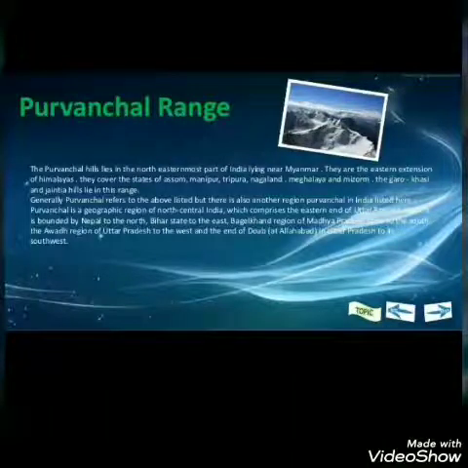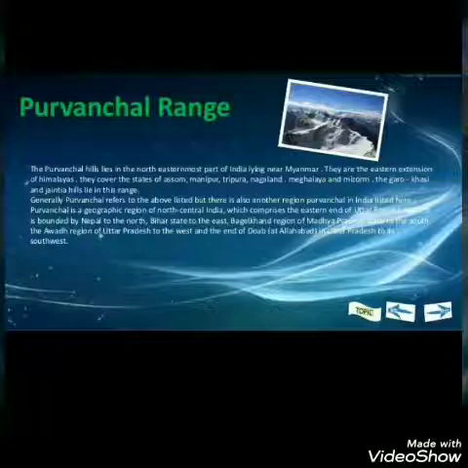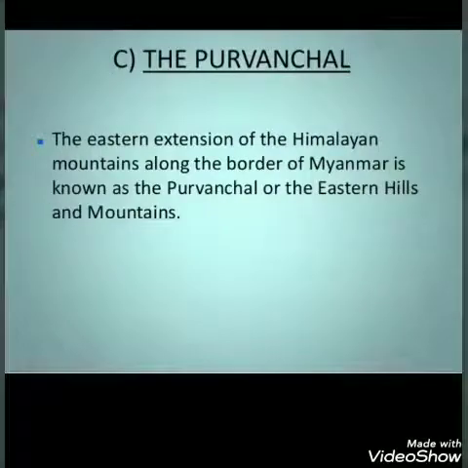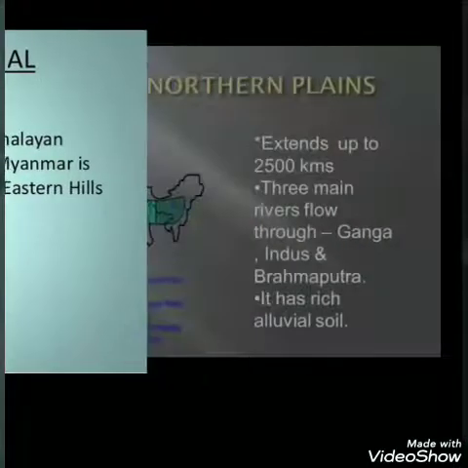According to the height and width of the Himalaya, the different types of ranges are distributed. The Purvanchal comprises the Patkai Hills, the Naga Hills, the Manipur Hills, and the Mizo Hills. These hills come under the Purvanchal range.